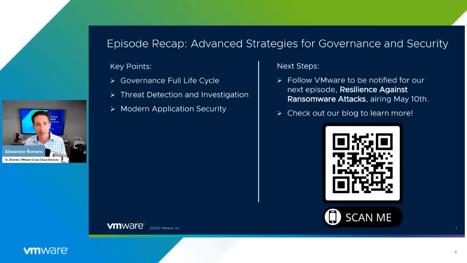Then we wrapped up with modern application security, taking that monolith application and breaking it up so that you can get the benefits of microservices, and what comes with those benefits, really, is figuring out how to secure the communication between those. And we went into depth there. So that was a recap of episode number 3.